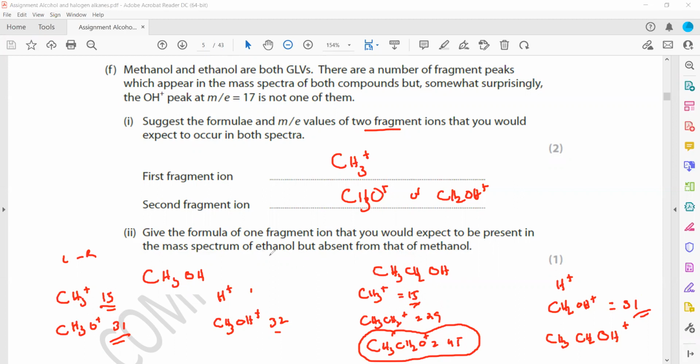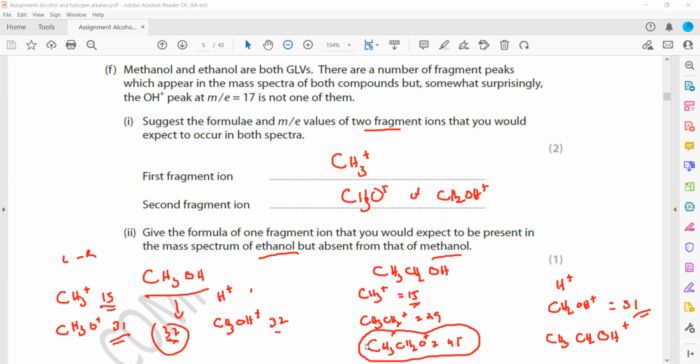It can be there in ethanol but it cannot be there in methanol. It is not possible in methanol because the total mass of methanol is carbon 12 plus hydrogen total 4, so 16, giving a total mass of 32. So it cannot give a peak of 45; it can never be there.